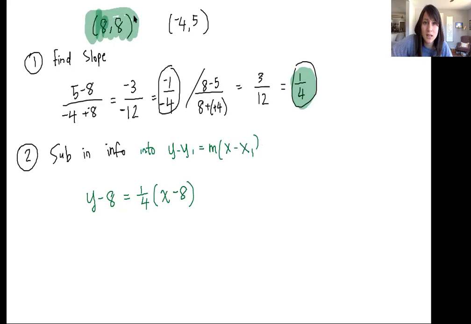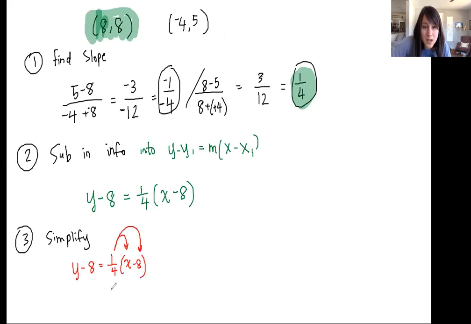Okay, step 3. Simplify and change it to y equals mx plus b. So I'm going to simplify by using what I know to work out algebraic equations, getting rid of my parentheses, distributing this in.